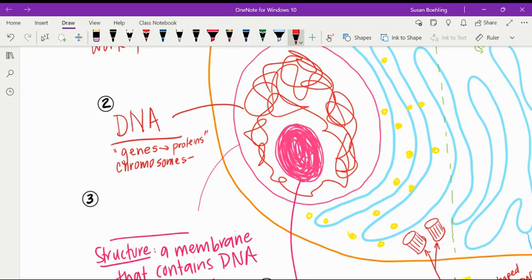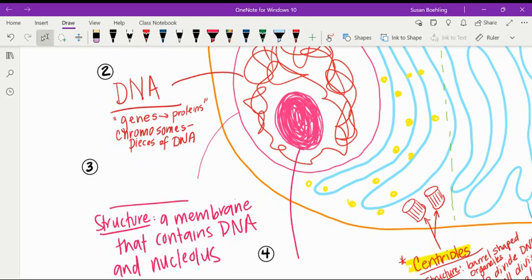Your chromosomes have many hundreds and thousands of genes contained within them. So chromosomes are pieces of DNA. Okay, so we have the DNA pieces all contained together in the nuclear membrane.